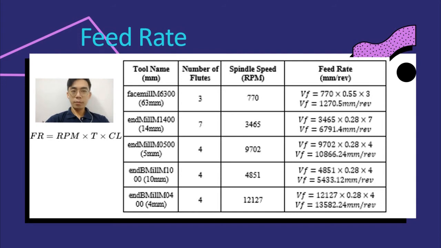For the end mill of 5 mm diameter, need to use 10,866.24 feed rate. For the end ball mill of 10 mm diameter, need to use 5,400.